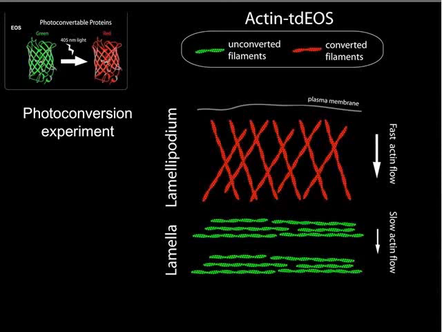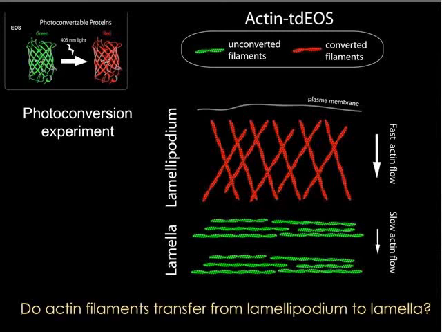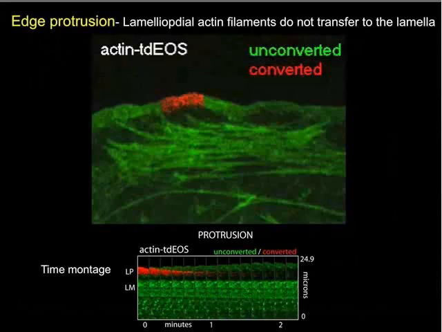And so the next slide shows essentially the experiment, we're going to ask whether the actin filaments that we photoactivate in the lamellipodia are going to transfer into the lamella over time. And so in this slide that is shown here, what we're going to be doing is photoactivating way up in the lamellipodial region and then watching what happens to that converted pool.